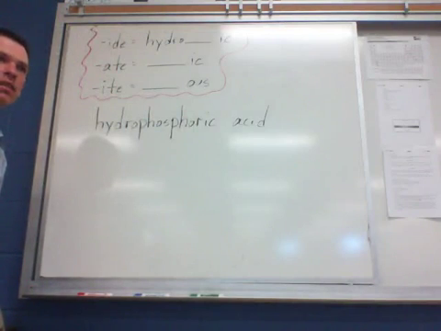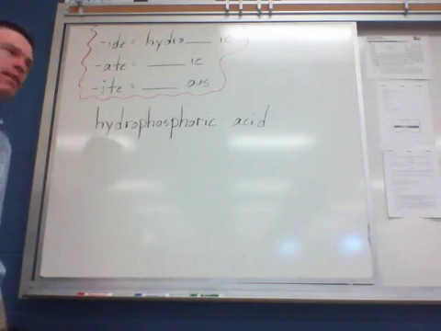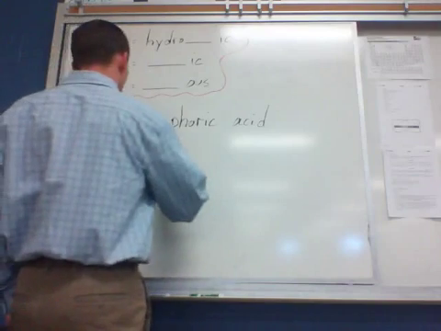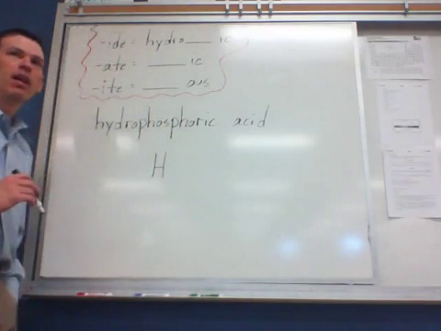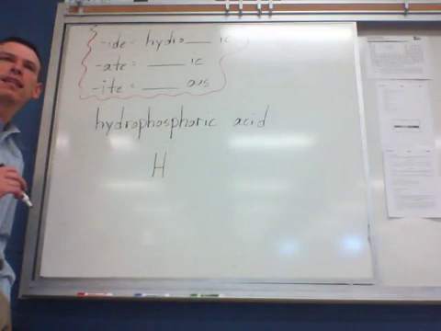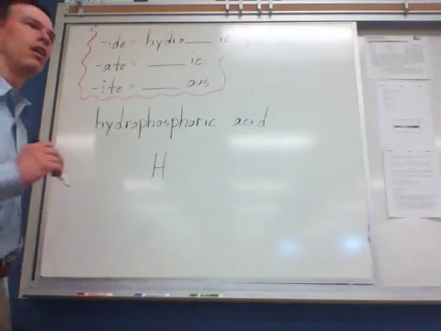Hydrophosphoric acid. What's the first element that I will write? Always hydrogen right away if it's an acid. We know it must start with H. And then the investigation begins.